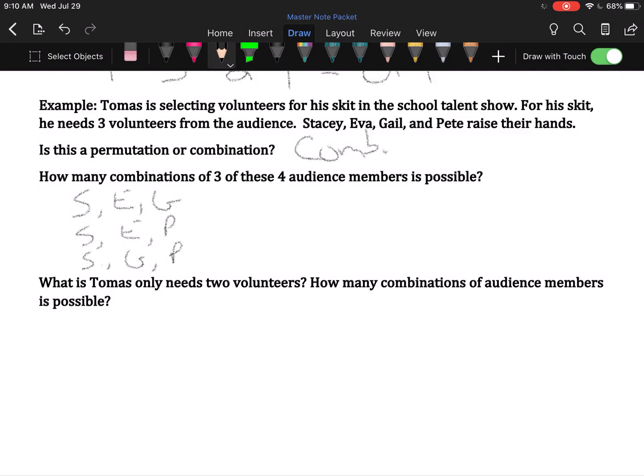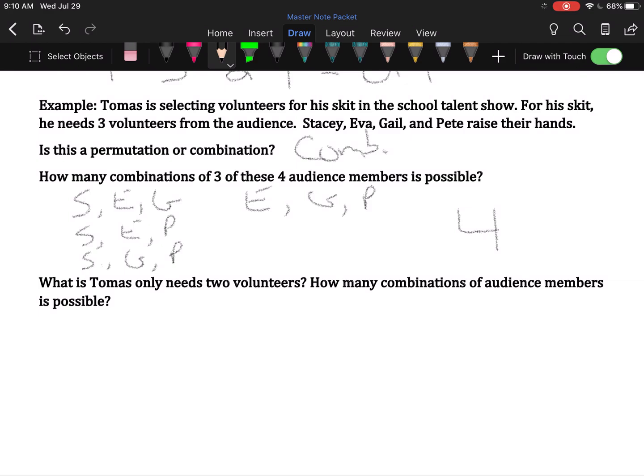And that's every group that could have Stacy. The only group left would be Eva, Gail, Pete. Anything else we write is going to be a rearrangement of one of these 4 possibilities. So there's only 4 combinations possible.